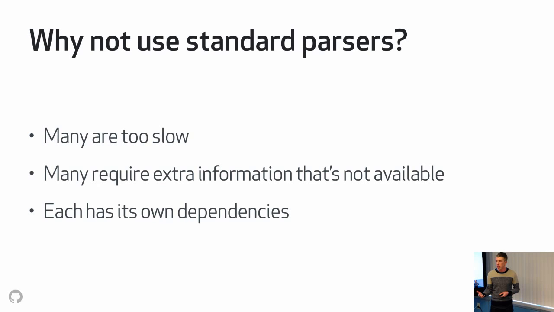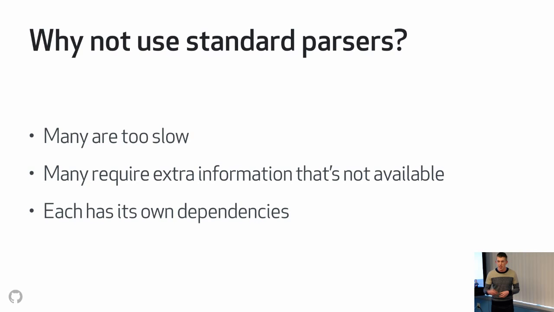For example, to use Clang to parse a C source file, you need to be able to read not only the source file you're trying to parse, but also all the other source files that it includes. And you also need to know other things like what macros are defined and other aspects of the build settings. That is just a different set of information than we have available in applications like GitHub or Atom, where we're just trying to syntax highlight some stranger's code that we know nothing about other than the code itself.